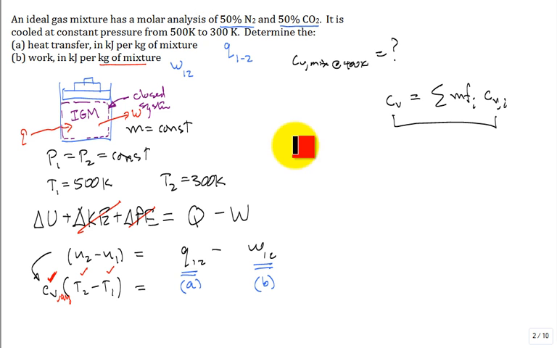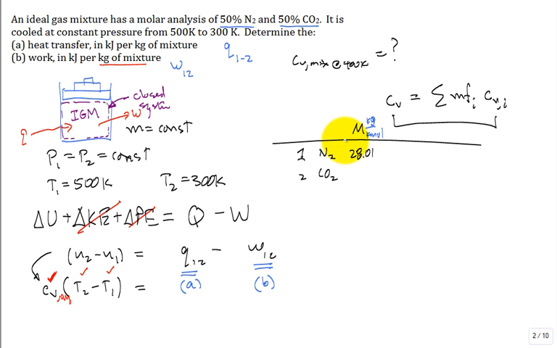So the table would be maybe species 1 and 2. What is the first species? Nitrogen. What's the next one? Carbon dioxide. I'm probably going to need the molar mass. So I look and I find the molar mass of nitrogen, 28.01. I should make sure to put the units of kilograms per kilomole for that molar mass.